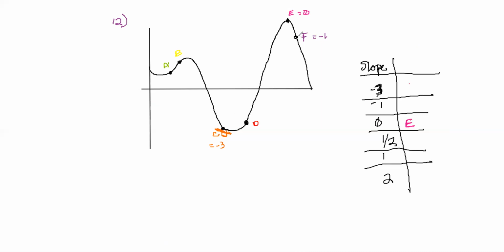And right here, if you draw the tangent line, it's going to look much steeper. So I would recommend going through and drawing the tangent lines. But your process was very good. So here, F is actually -3, and C is actually -1.